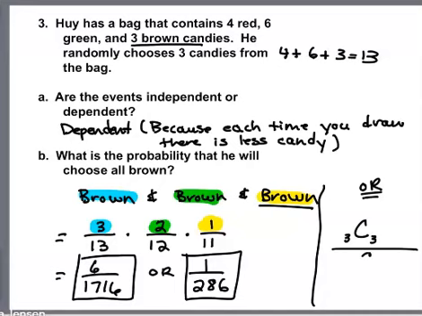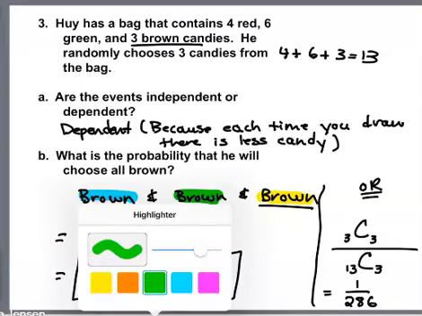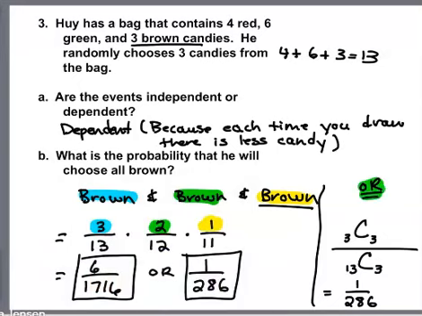And then out of 13 total, how can we pick any 3? And that would also come out to be 1 over 286. Okay, so we could have done it that way as well, because it doesn't really matter if we're picking one, a second, and a third individually, or if we're taking a group of 3.